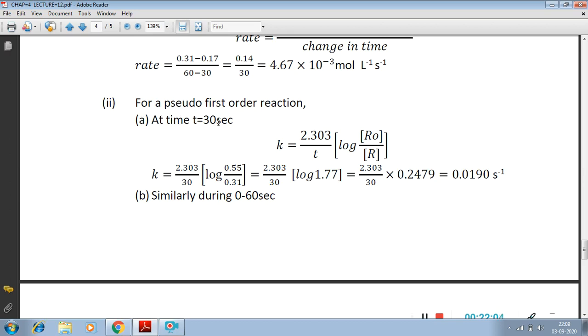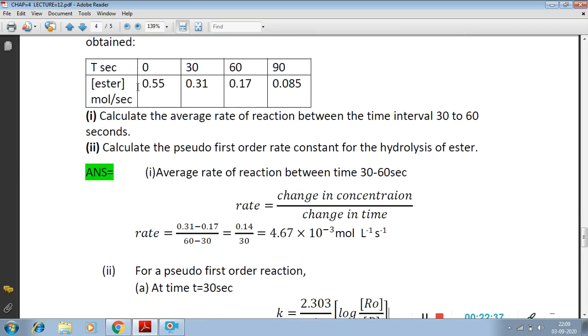So first at time 30 seconds, for a first order reaction, this equation was there in theory: K is equal to 2.303 divided by t into log R0 by R. Now at the initial stage R0 was 0.55, and at 30 seconds the concentration is reduced to 0.31.